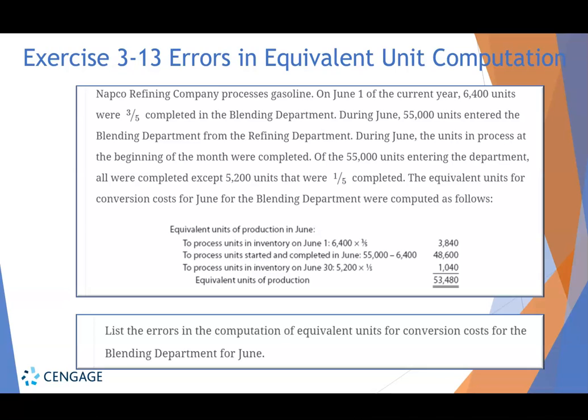And then at the end of the period, it said we had 5,200 that were 1/5 completed. 5,200, 1/5 completed would be the 1,040 units. Okay, equivalent units of production would be the total 53,480.